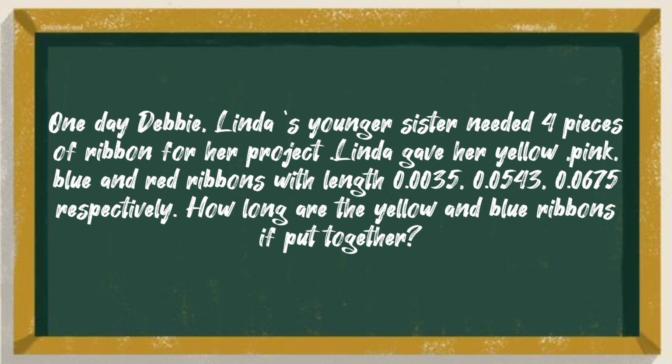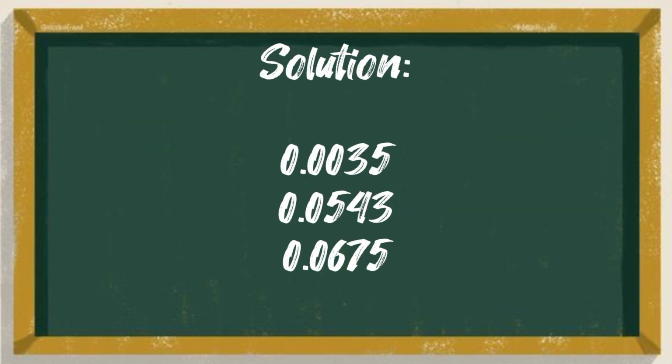Class, always bear in mind that if we put together, that means we add together as a whole. So, the number sentence that we are going to use to solve this problem would be addition. So this is how you are going to solve this problem.